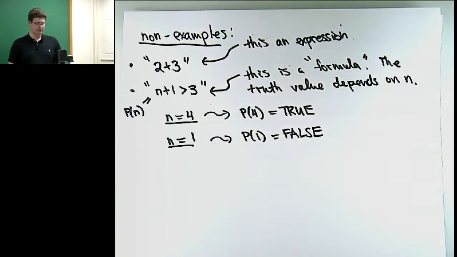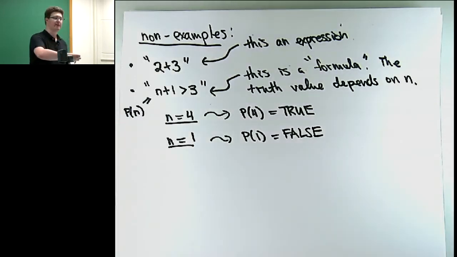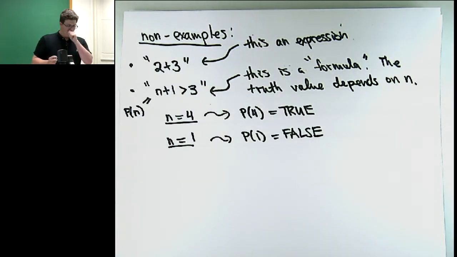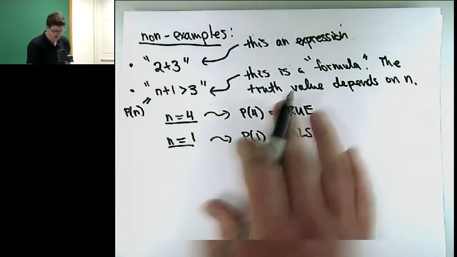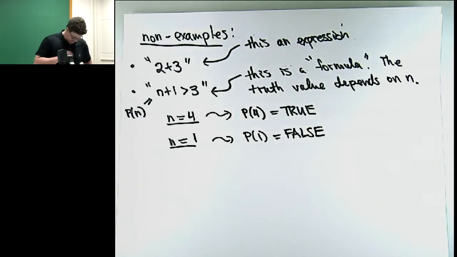It's like a function. I plug in things in my universe, and what it outputs is a true or false statement. This is a special kind of formula which is called a predicate.